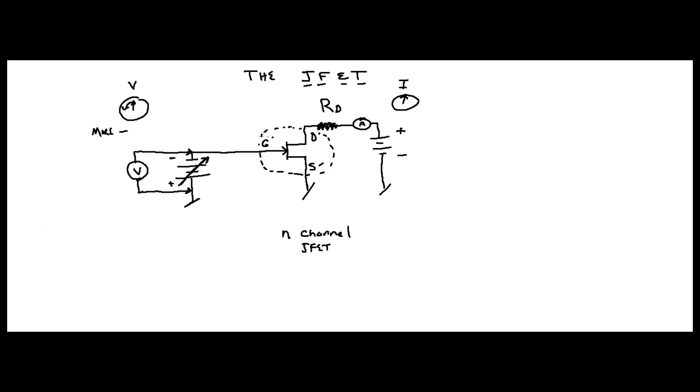Well, what's going to happen is your channel is going to change, right? It's going to either get wider or thinner. So in this case, the more negative, your channel is going to get thinner.